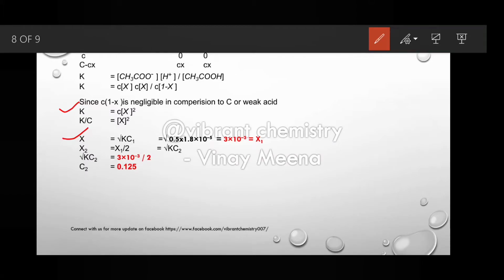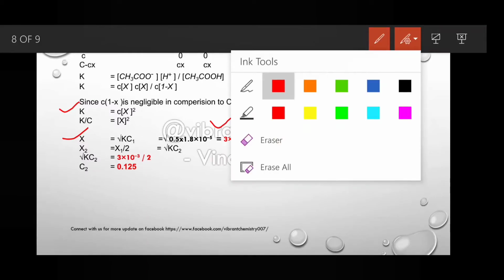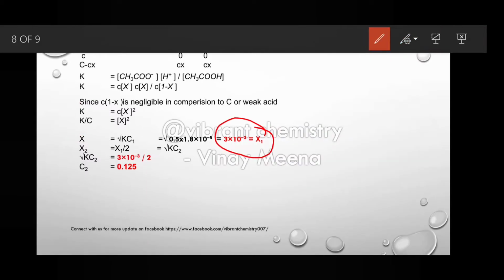Now here, C1 is the first condition of the acetic acid, that means the initial concentration of the acetic acid, and X1 is the initial concentration of H positive ions which will be formed. When you calculate it, you find that the initial concentration is 3 into 10 to the power minus 3, that is before the dilution.